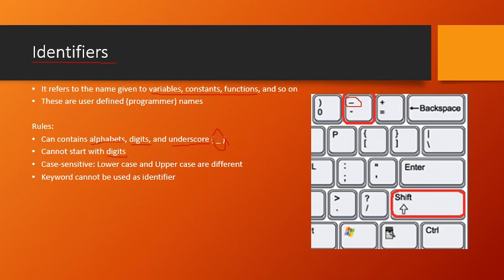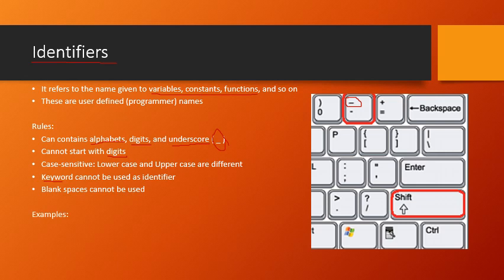That means the programmer cannot use keywords as identifiers. Blank spaces cannot be used. Suppose a user defines an identifier that has a space, that is the space bar is used, then that particular identifier is invalid. It is not possible. So these are the 5 different rules of identifiers.